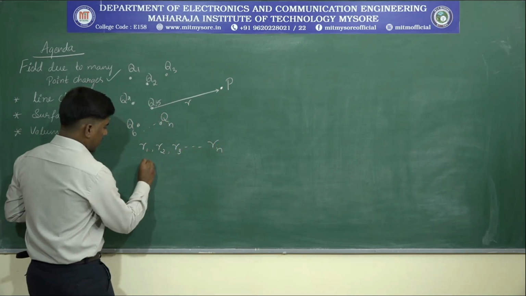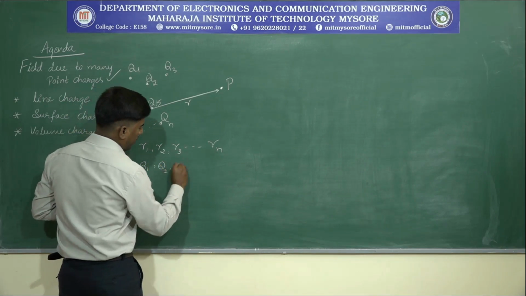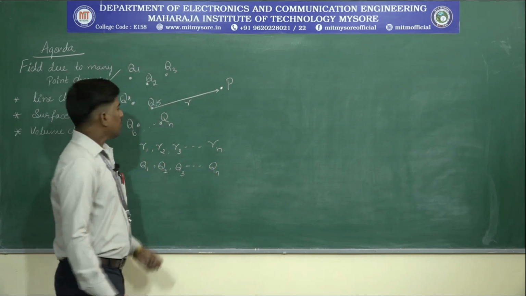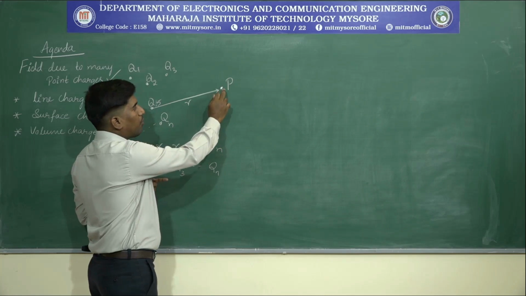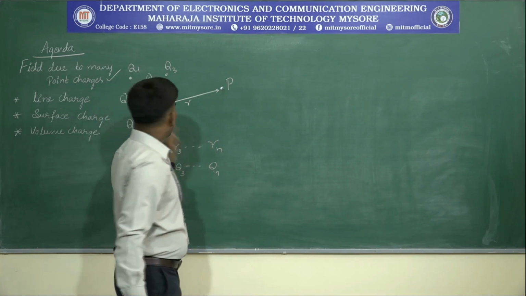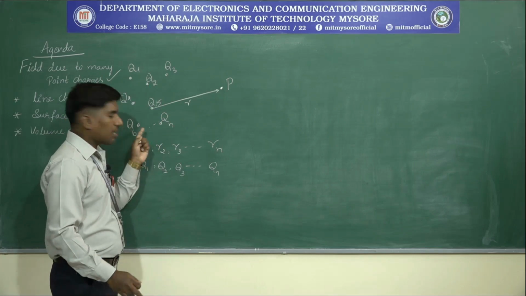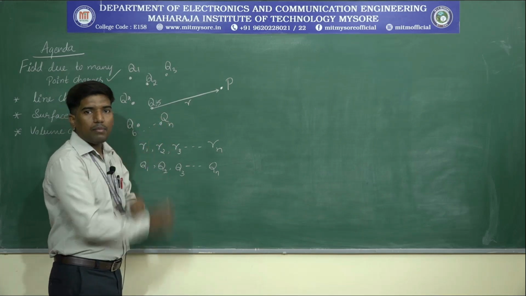The corresponding charges are Q1, Q2, Q3, up to Qn. So how is the electric field intensity at point P measured, being influenced by all these point charges? In this circumstance, we have to go for the superposition principle.